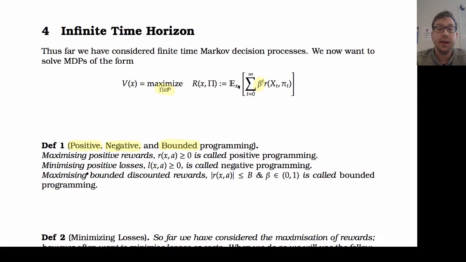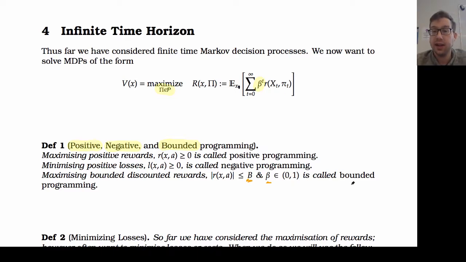Then maximizing bounded discounted rewards, where the reward function is bounded by some constant b, and there's some discount factor applied, beta, which belongs strictly in the interval 0 to 1. So rewards in the future get worth less and less over time.